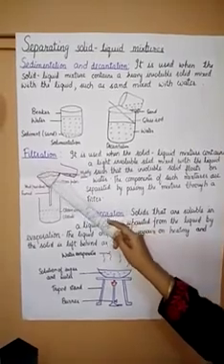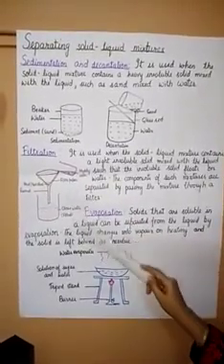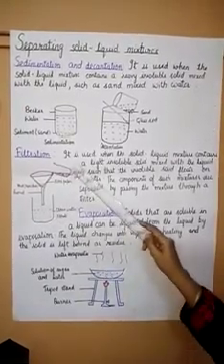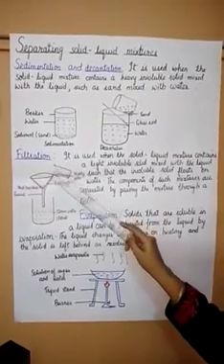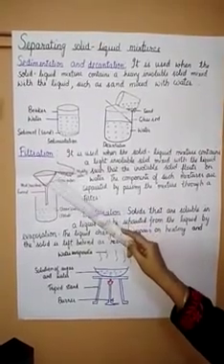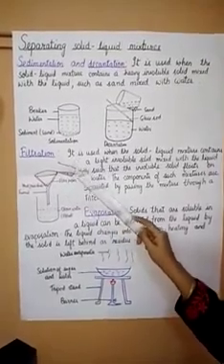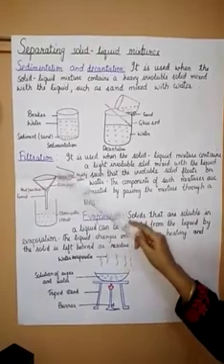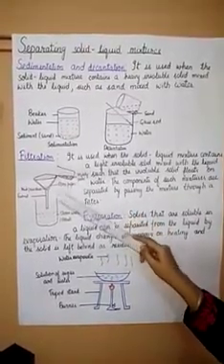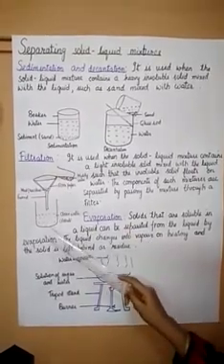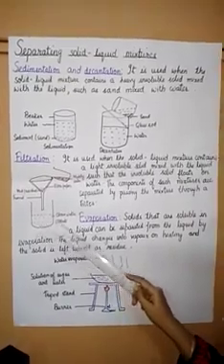We take one funnel, and at the bottom of the funnel, we keep one flask. Now we slowly pour the muddy water through this funnel, and inside the funnel one filter paper is there. When we pass the muddy water through the funnel, the clean water after passing through will collect in this beaker, and this clean water is known as filtrate.